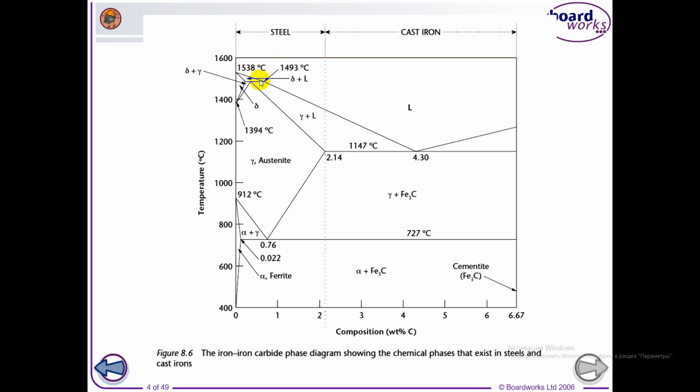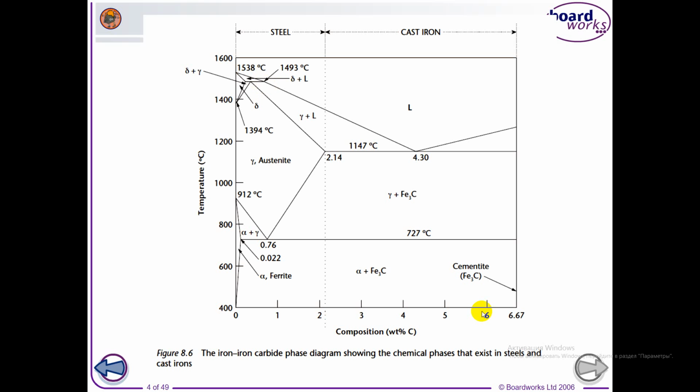Thus, in general, cast irons have melting points which are considerably lower than steel, about 1500 degrees. Therefore, they are easily melted and amenable to casting, hence the name.